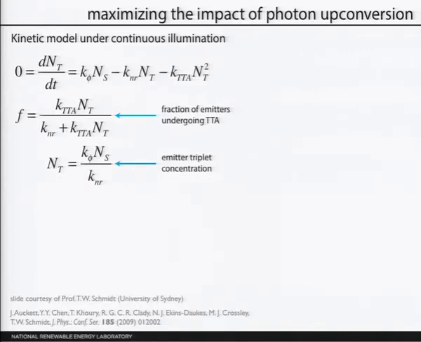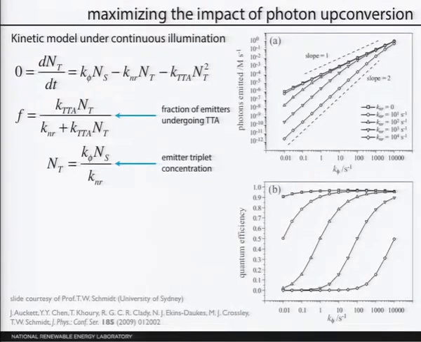And the triplet concentration is dependent on the rate of generation and the concentration of the sensitizer. They applied this model for various non-radiative decay rates for the triplet state and found that if you reduce the non-radiative rate, you can take a process that has a quadratic dependence and essentially drive this into a regime where you get a linear dependence, at which point you've essentially saturated the quantum yield of the system.